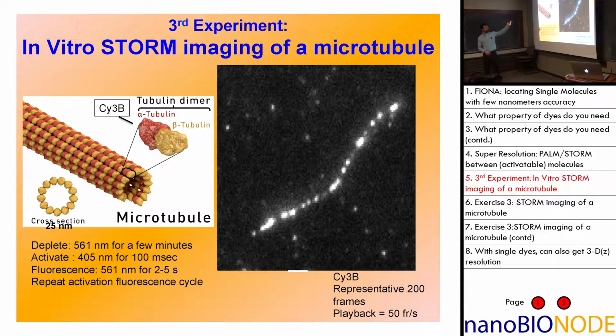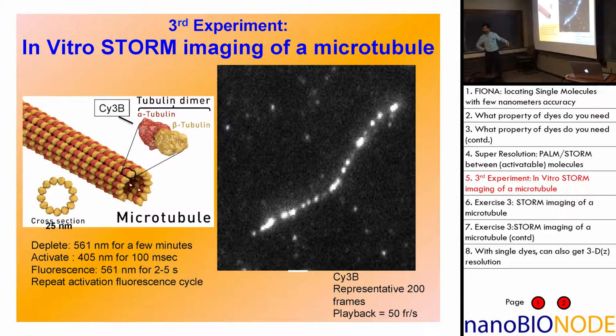Blinking. Normally, Cy3 is a very good dye. It's a very good dye for regular fluorescence. You somehow have to make them blink. In fact, you somehow have to wipe out the fluorescence, and then it has to be in some temporary dark state, and then you have to make it come back on.